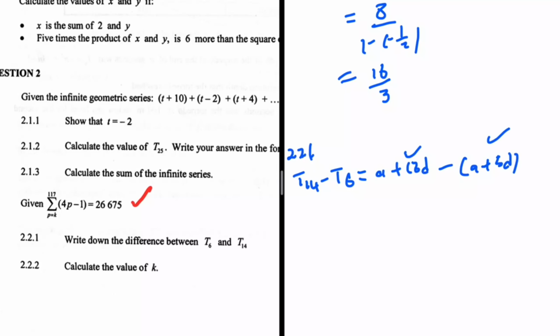So T14 minus T6 will be equal to, A minus A cancels out, so we have 13D minus 5D, which will be 8D. So the difference between T6 and T14 is 8D. So can I find D?